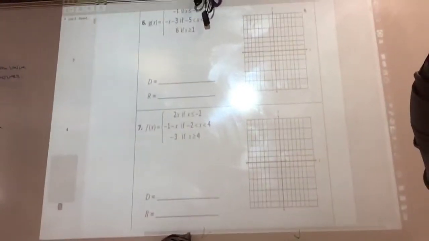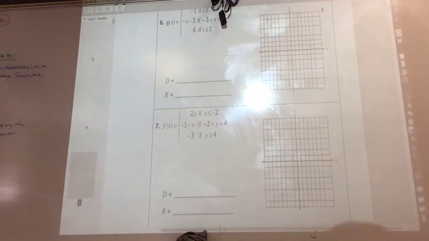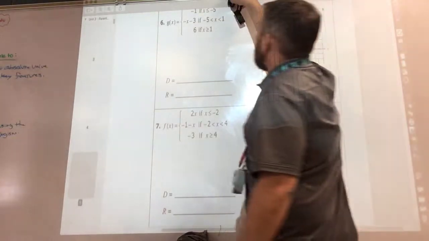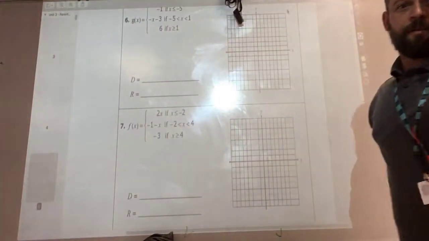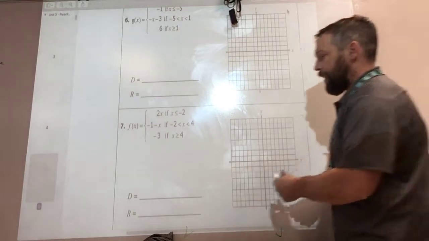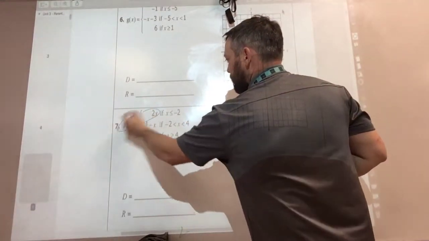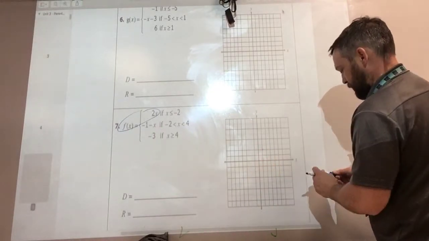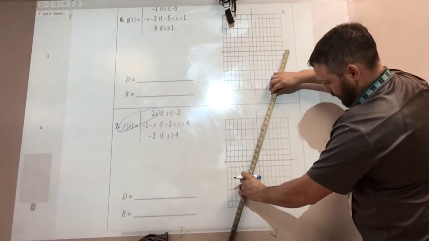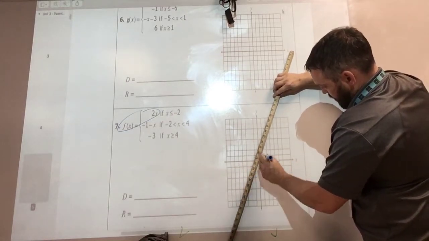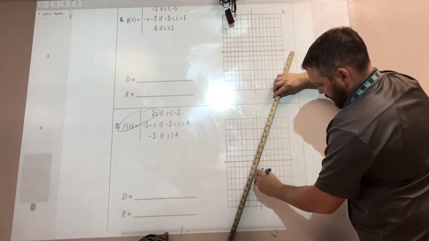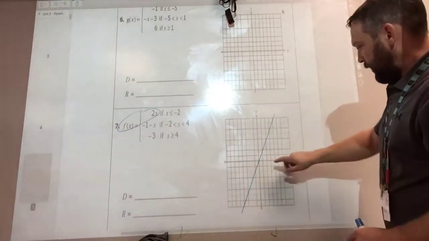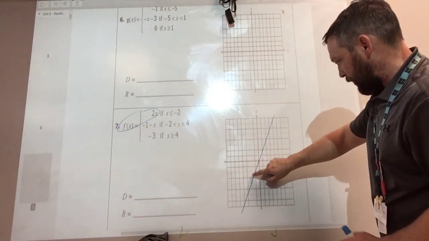Move it over just a little. Ah, there we go. Good. All right. So y equals 2x plus 1. Okay, so my first line, they're saying everything from negative 2. So go back here, negative 2, follow it down.